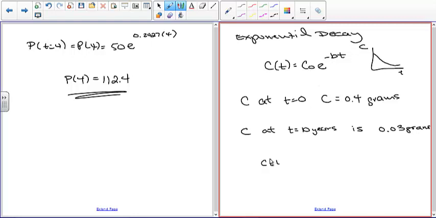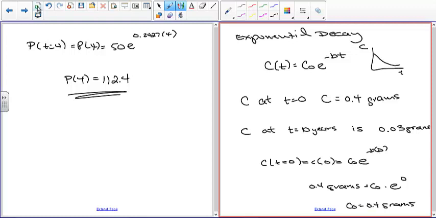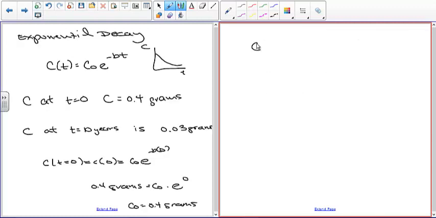So C of t equals 0 equals C of 0, which equals C0 e to the minus b times 0. And C of 0 is 0.4 grams. And you get C0 times e to the 0, so C0 equals 0.4 grams. So the function C of t is now 0.4 grams e to the minus bt.